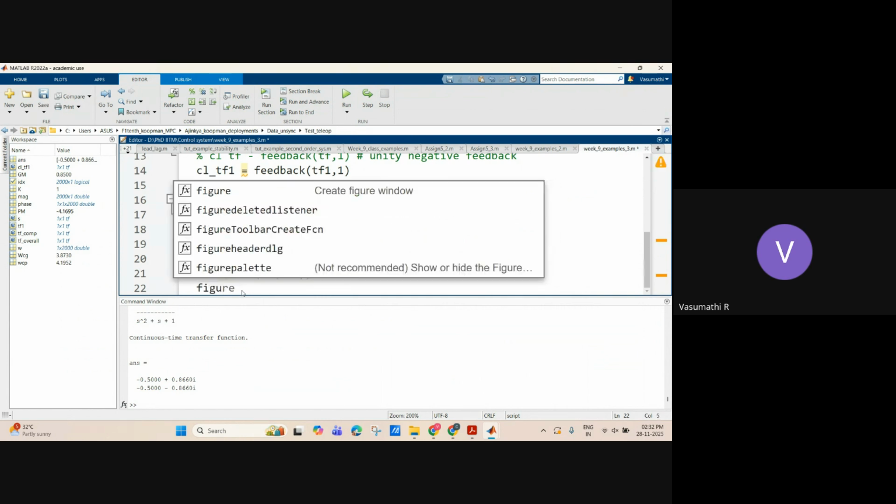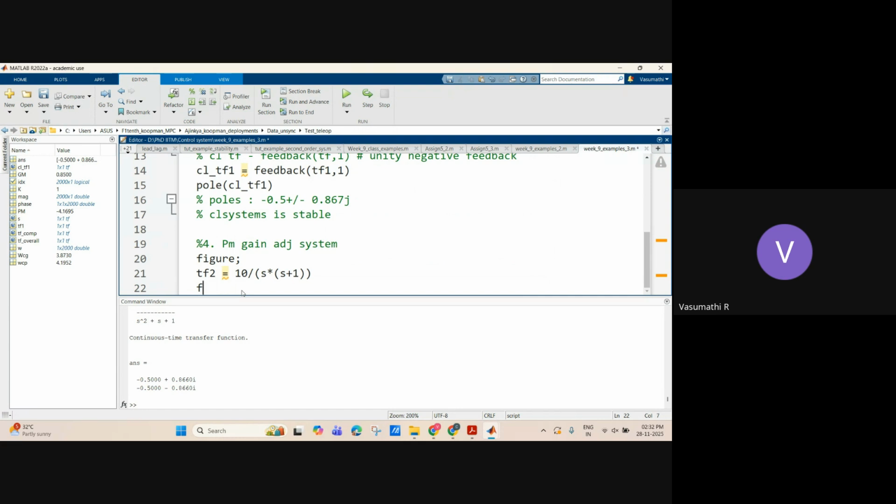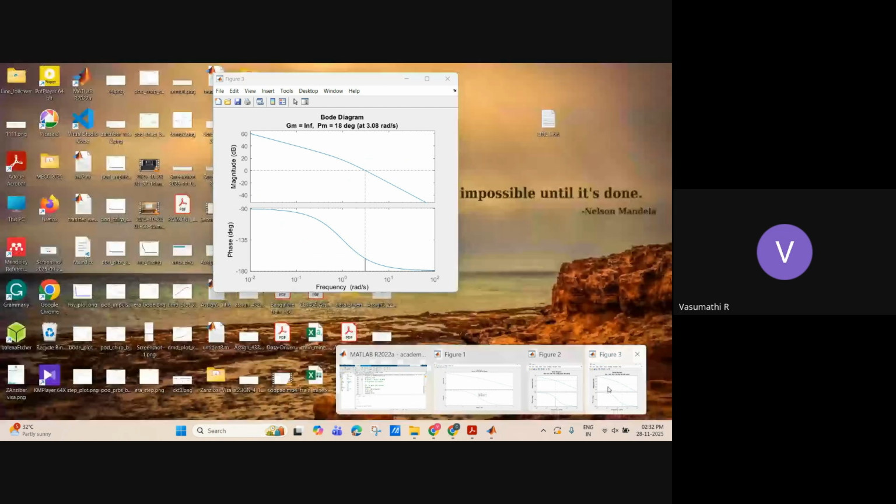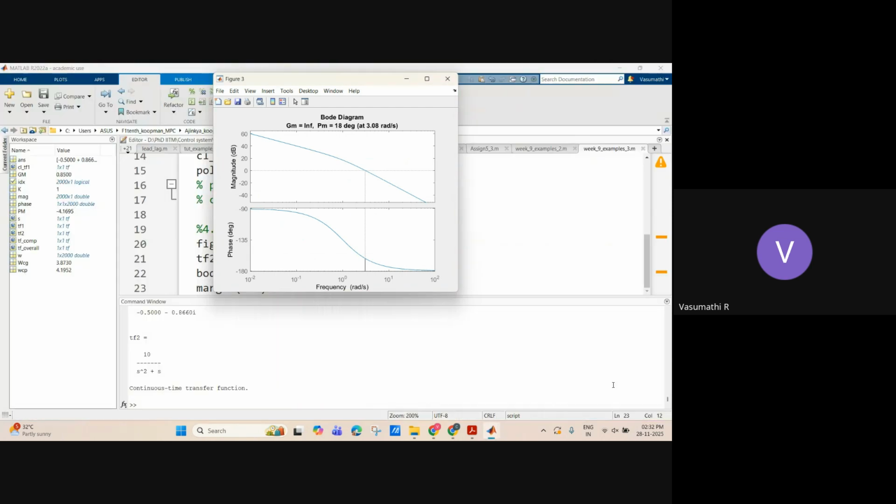Here bode of TF2. The phase margin has reduced further to 18. From 52, it has become 18.